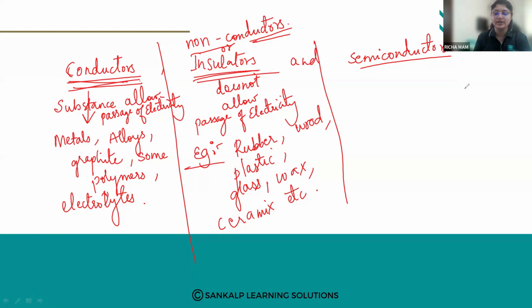What will be the definition for semiconductors? Semi. Okay. So their conductivity is in between.